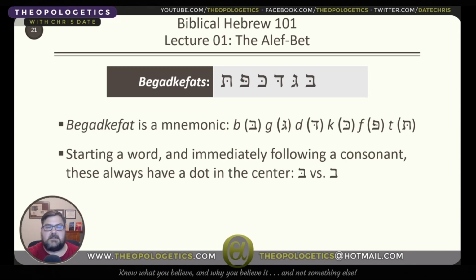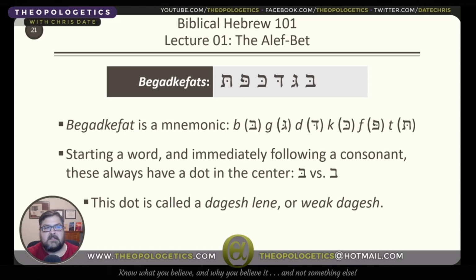And so Begad Kefat is just a way of remembering which of these consonants take a dot at the beginning of words and immediately after consonants, and lack that dot when not in those circumstances.